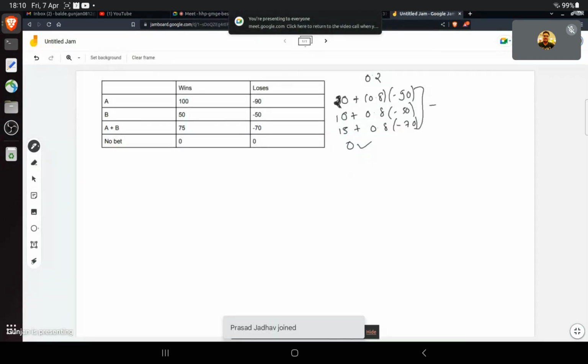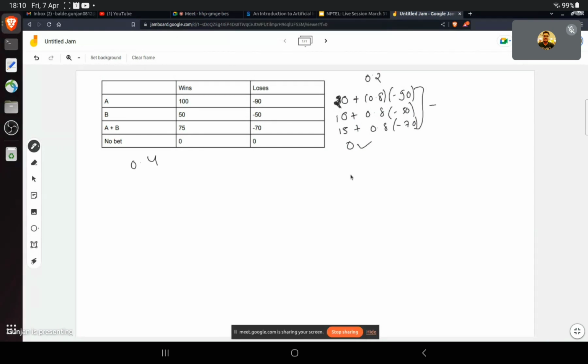Similarly, we will try for 0.4. So for 0.4, we see that it is 40 minus 0.6 times 90 for the first row for A. For B, it is 0.4 times 50, so that is 20 minus 0.6 times 50.